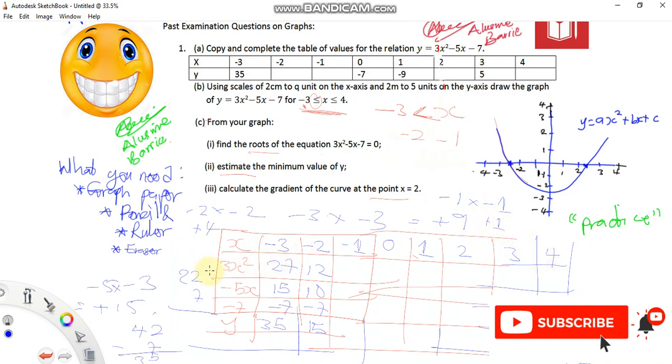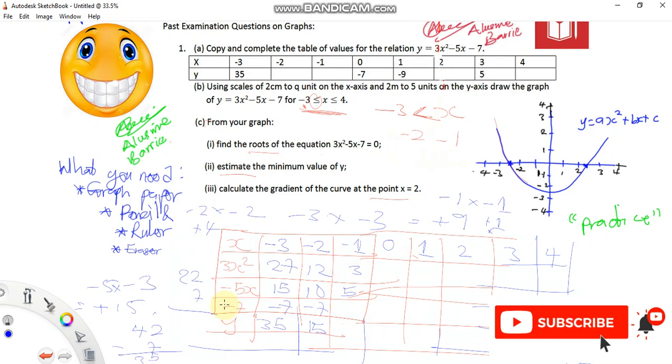So 1 times 3, because it is the value of x squared times 3. So 3 times the 1 we have is just 3. Right? So -5 times the value of x, which is -1 here, is -5 times -1. Again, minus times minus gives us plus. So 5 times 1 will be 5.